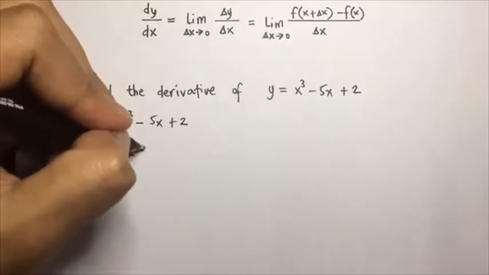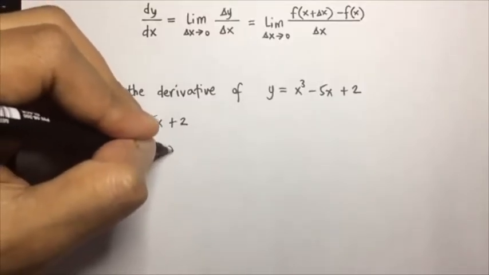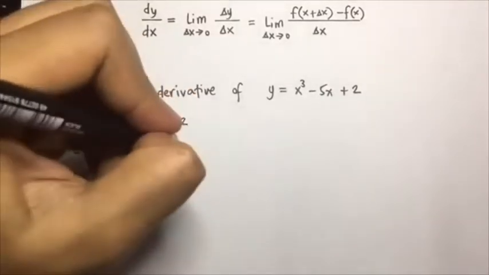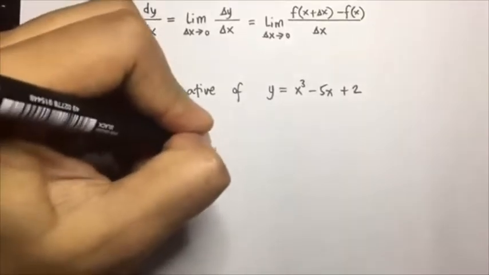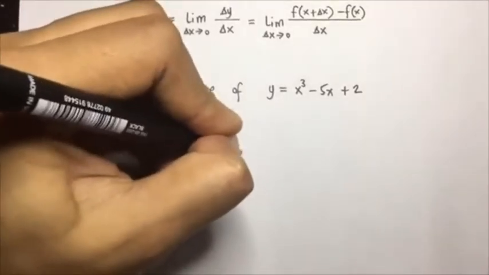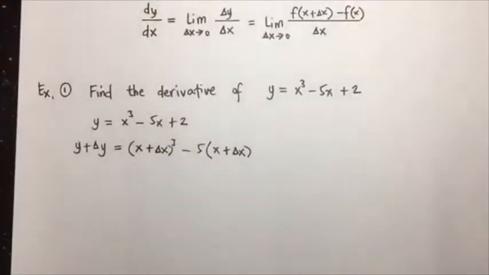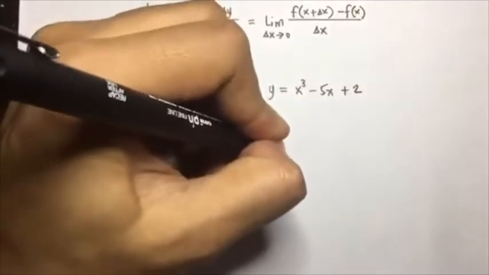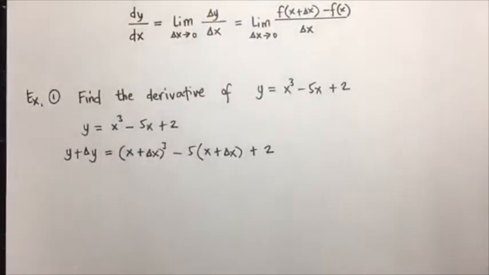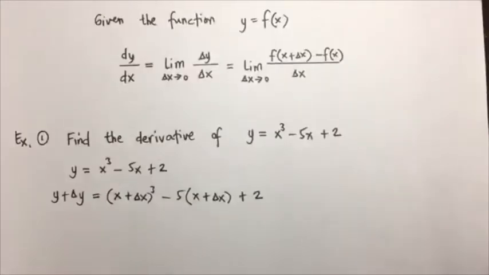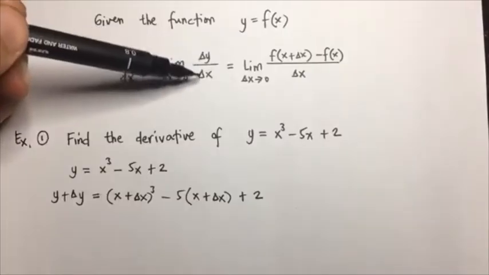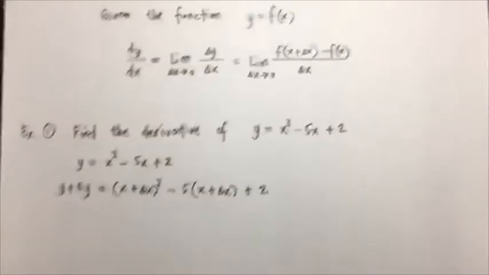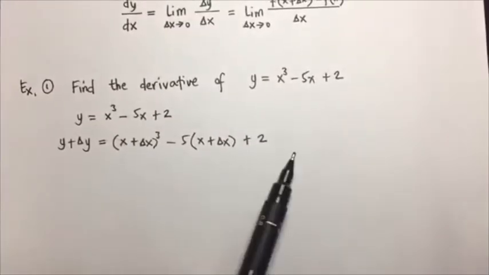So this will become (x plus delta x) cubed minus 5 times (x plus delta x) plus 2. Our objective again is to obtain a function delta y over delta x. Therefore we need to transpose y to the other side.